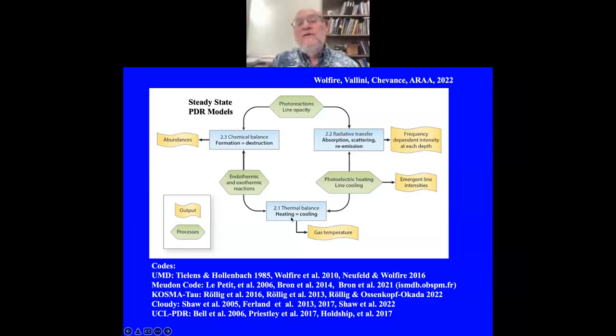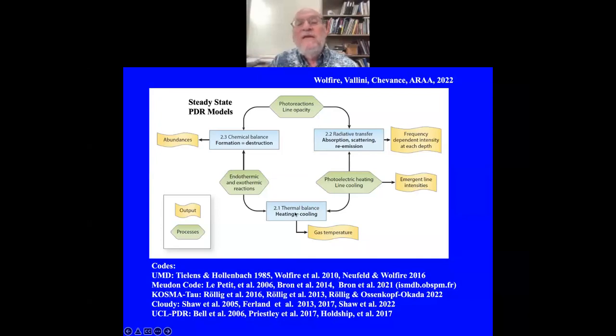Then down here, you find the temperature for which heating equals cooling, and there needs to be some kind of radiation transfer calculation or transfer approximation so that you know the local radiation field and you know the local line emissivities.